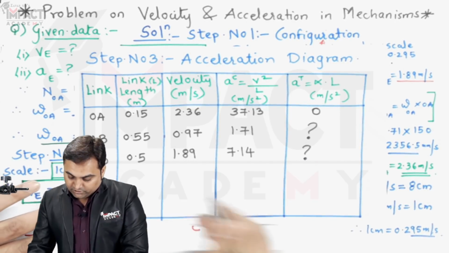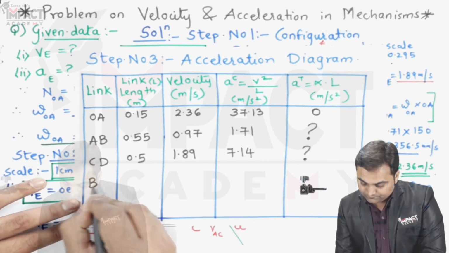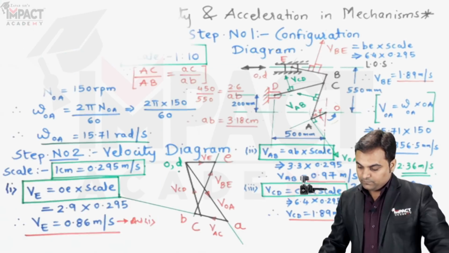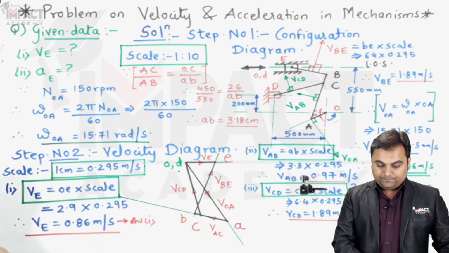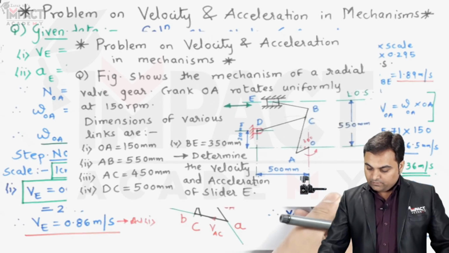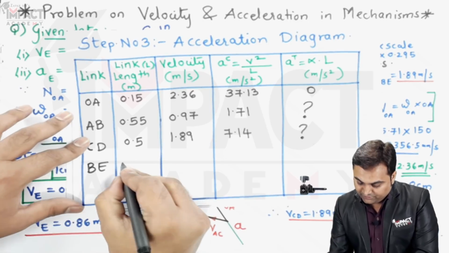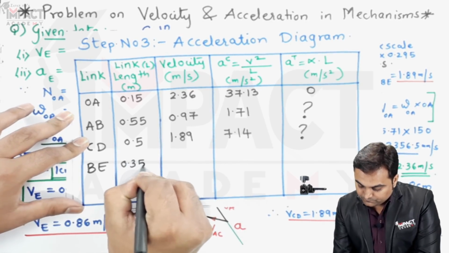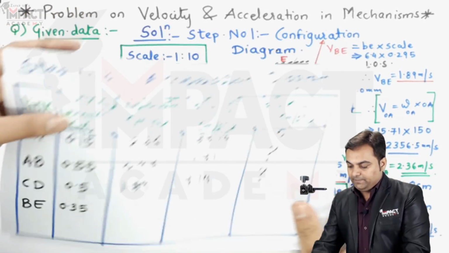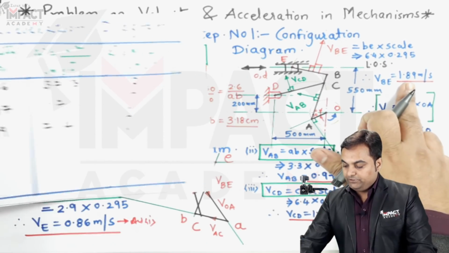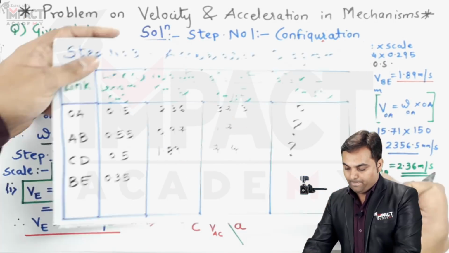Then we are left with link BE. Now the length of BE was given, it was 350 mm, so that is 0.35 meter. The velocity of link BE is 1.89 meter per second.